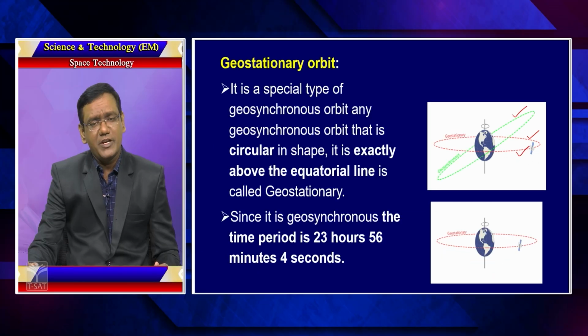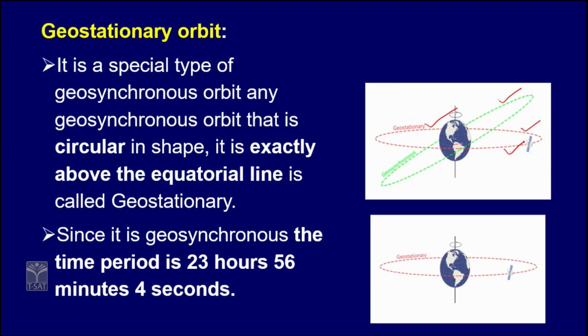It is a geostationary orbit because it satisfies two more conditions: the orbit is circular in shape, and it is exactly above the equatorial line. That's the reason why this is called a geostationary orbit. So to be a geostationary orbit, it should satisfy three conditions.